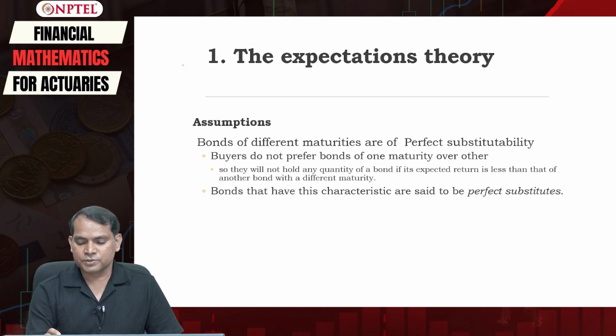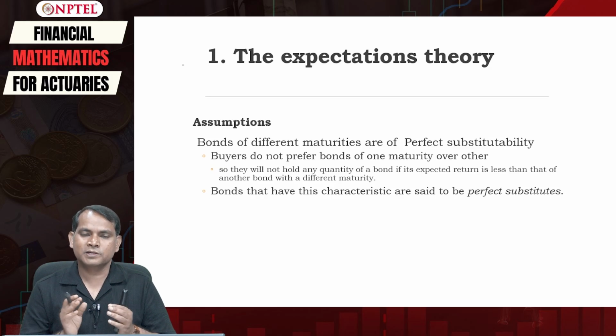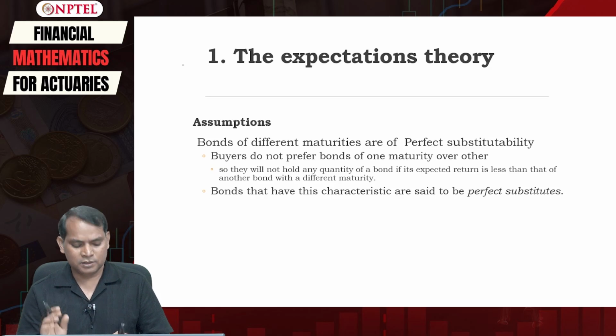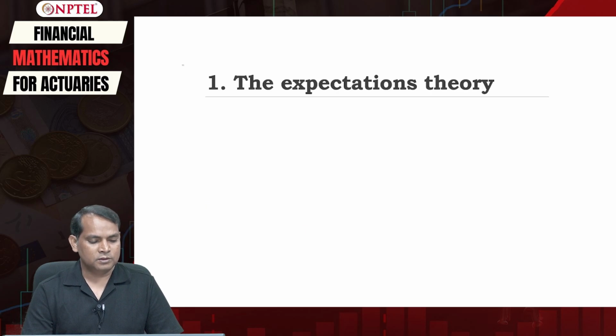So, perfect substitutability means that, at a given point in time, people want to hold two types of bonds of different maturity only if the expected returns of these bonds are equal. So, if bonds with different maturities are perfect substitutes, the expected returns on these bonds must be equal, right?